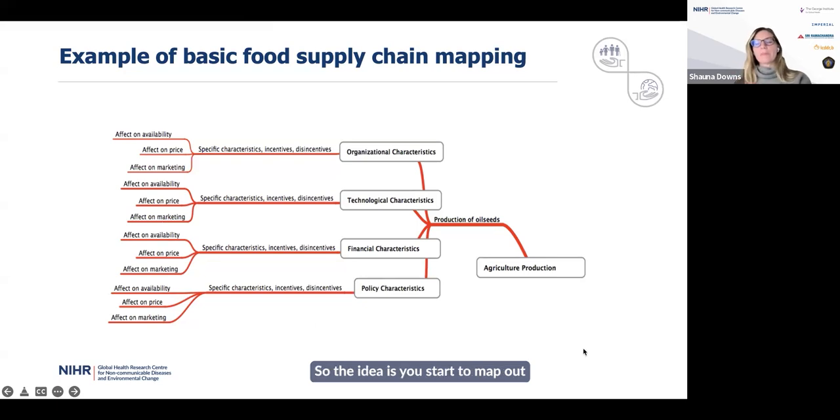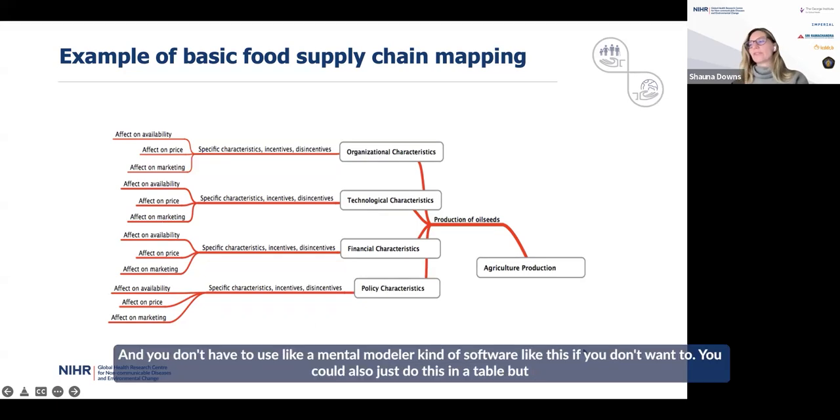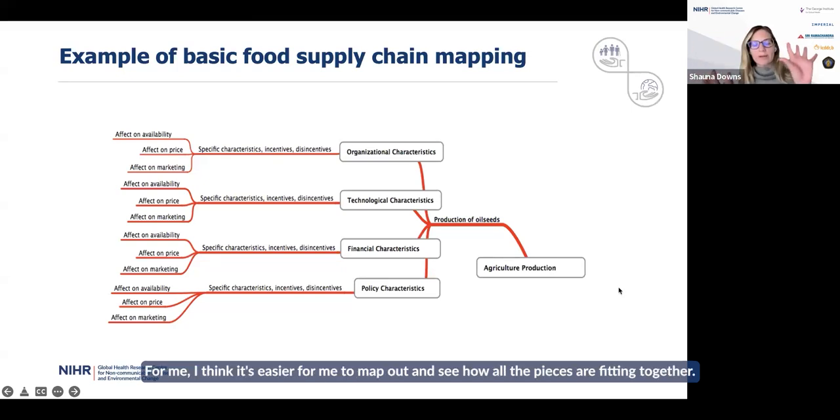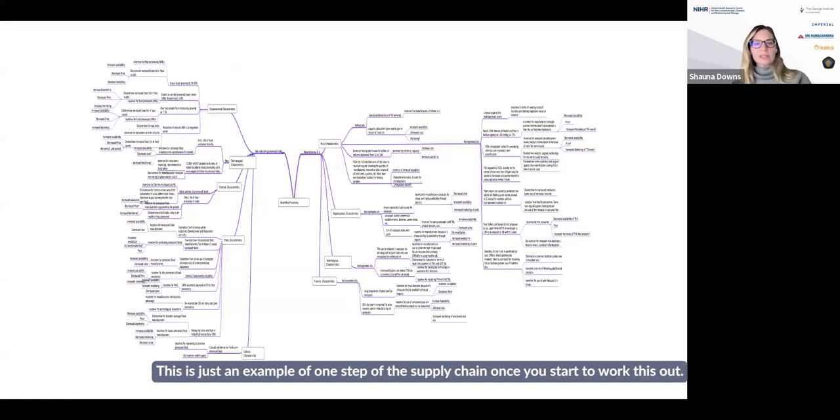So the idea is you start to map this out, and you don't have to use a mental modeler kind of software like this if you don't want to. You could also just do this in a table, but I think it's easier for me to map out and see how all the pieces are fitting together. This is just an example of one step of the supply chain once you start to work this out. So this is the secondary processing. This isn't meant for you to be able to see it, obviously.